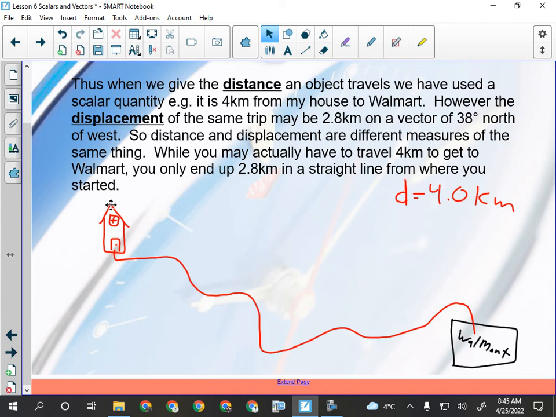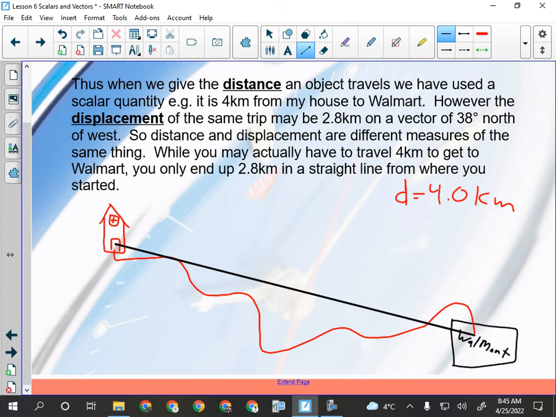A line that represents my displacement would look like that. Is that shorter than 4 kilometers? Yes, definitely shorter than 4 kilometers. So the displacement to Walmart, we'll say, is going to be 2.8 kilometers at 38 degrees.